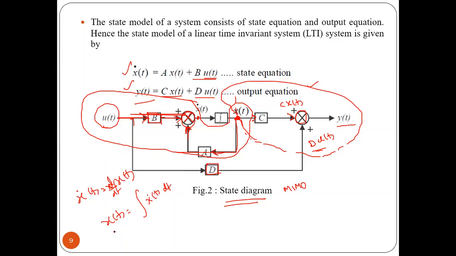Then you can get x of t. So the relation is x dot of t is integrated in time to get this x of t. Okay. Now the diagram is completed. This is called state diagram.